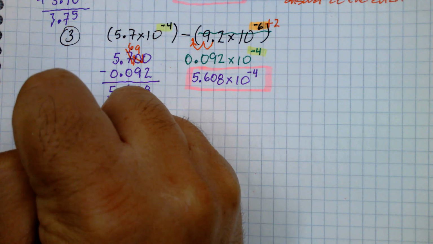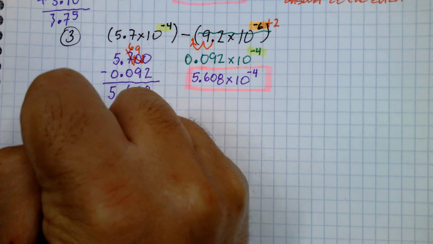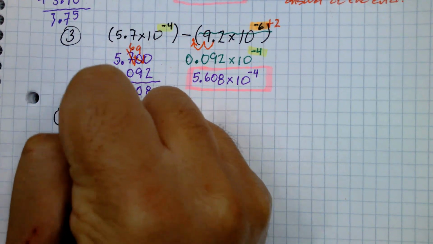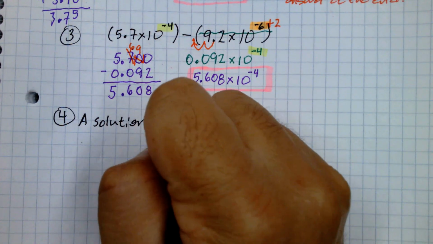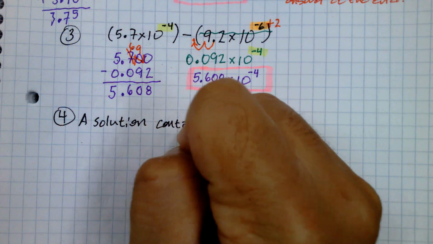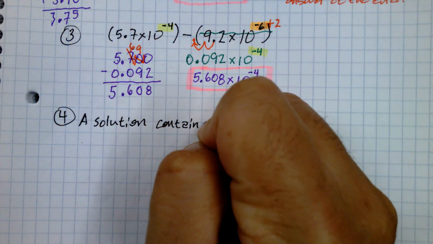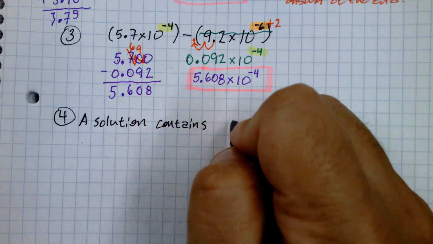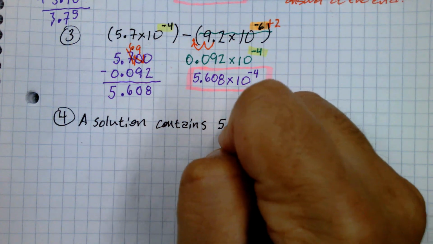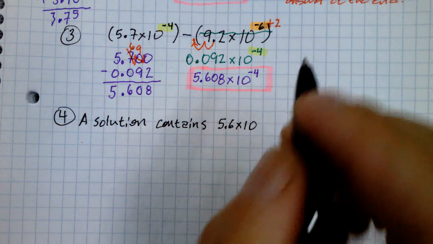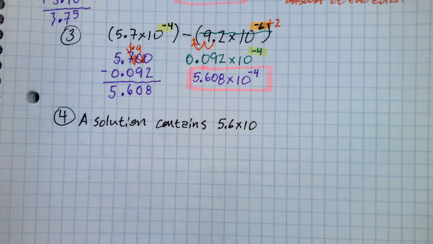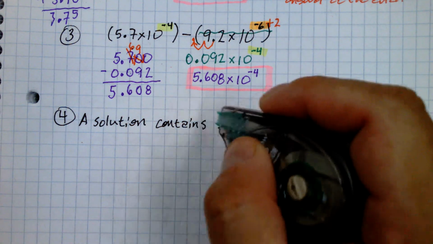So here's the question. A solution contains 5.6 times 10 to the, oh, no, sorry, that's not the amount. I changed the amount.